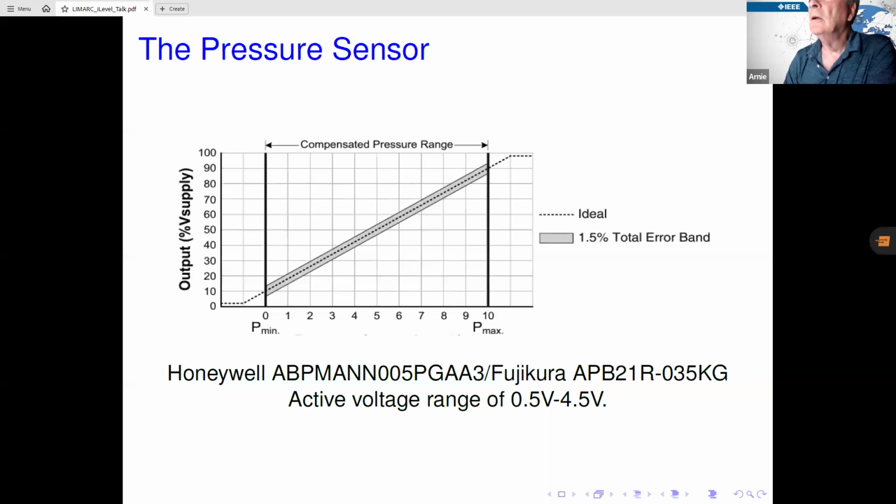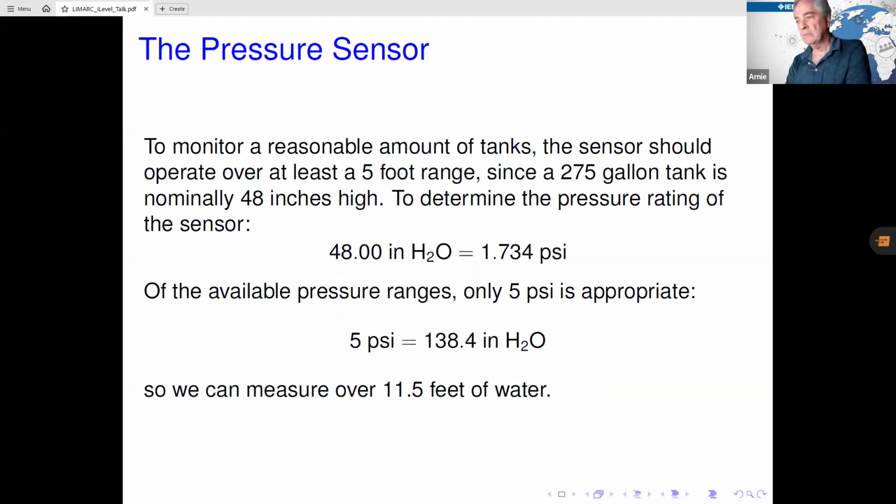The maximum pressure that we measure is 5 psi. That corresponds to 138.4 inches of water. So we could measure 11.5 feet of water. However, oil is lighter than water. The specific gravity of oil ranges from about 0.85 to 0.95.